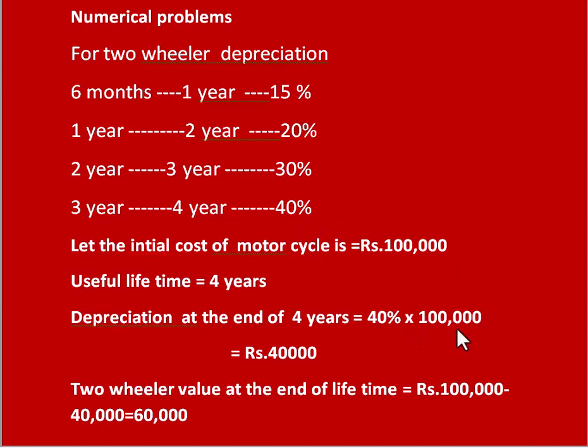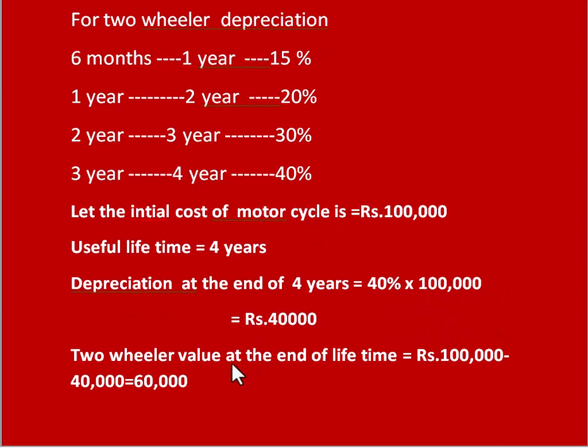So 40% of 1 lakh is 40,000. Then the two-wheeler value at the end of lifetime, that is after 4 years, is the initial value minus the depreciation value. The depreciation value after 4 years is 40,000.